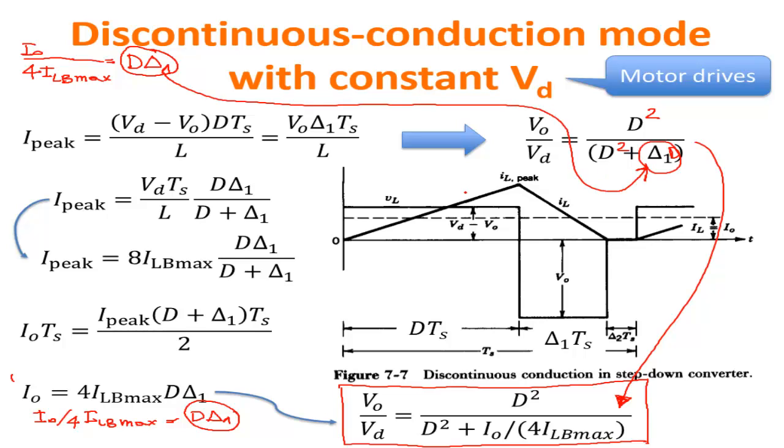So delta 1 disappears from the expression. We only have that the ratio of the output voltage to the input voltage is equal to an expression which only depends on the duty cycle and on the current, which is the one written below here. It's difficult to read, but essentially I only substituted delta 1 times D with I_O over 4 I_lbmax.